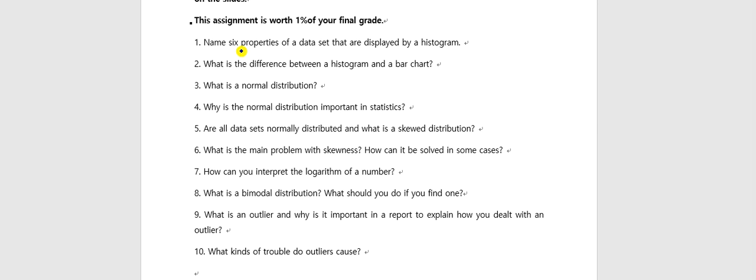Okay, what is a normal distribution? A normal distribution is where the data is mostly evenly distributed, and it can be cut in half, so we can see exactly the same amount of numbers on the right side of the data and on the left side as well. Why is the normal distribution important in statistics?